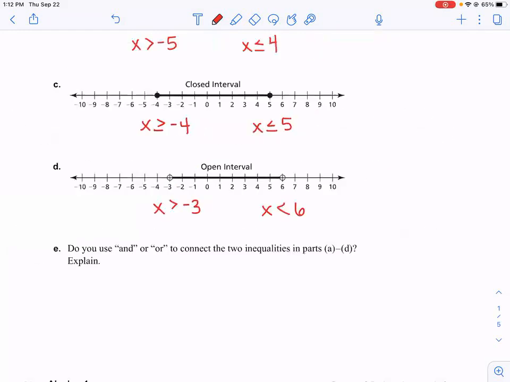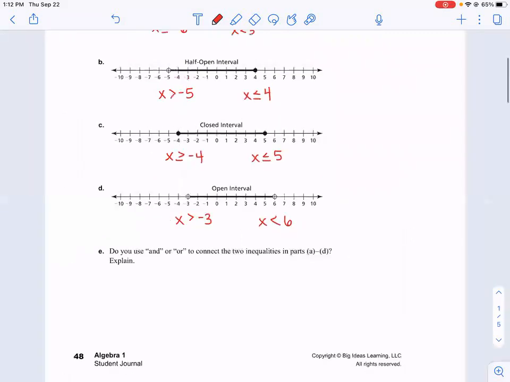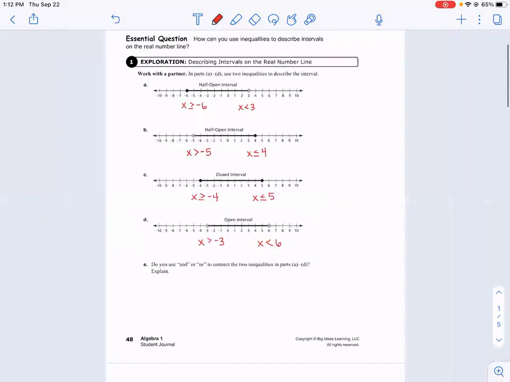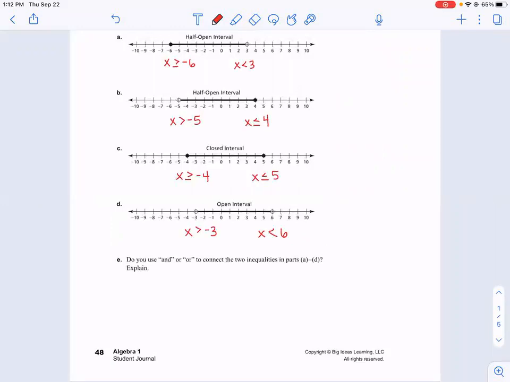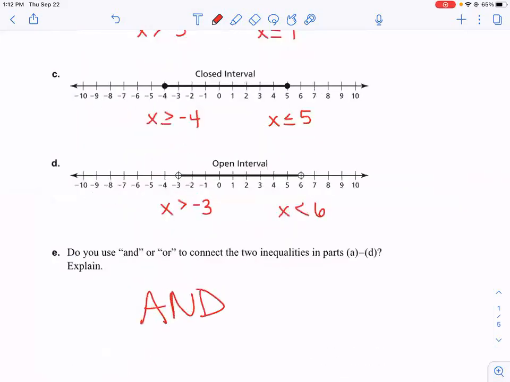All right. So raise your hand if you can tell me if these are and or statements. And thank you, Amelia, for raising your hand. Okay, so if we think about, I'm going to zoom in right here.